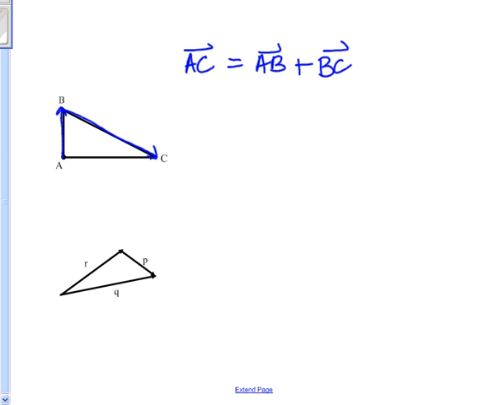It's really nice when you're using capital letters because you start at A, travel through B, end up at C. From that statement, we can see that AC, subtract from both sides BC, equals AB.